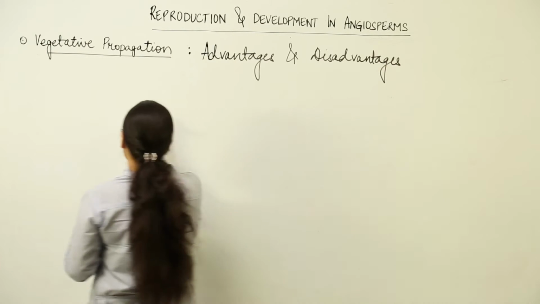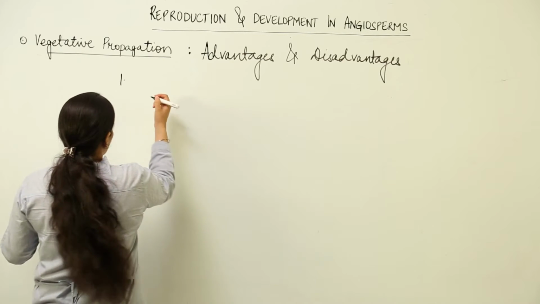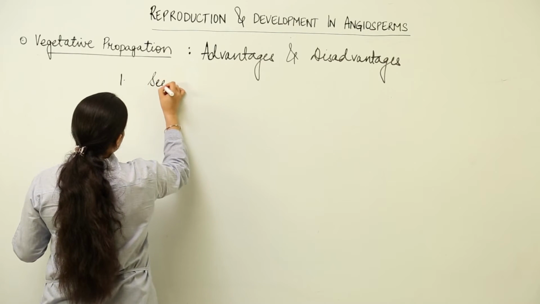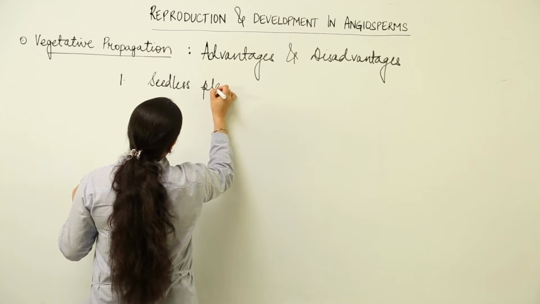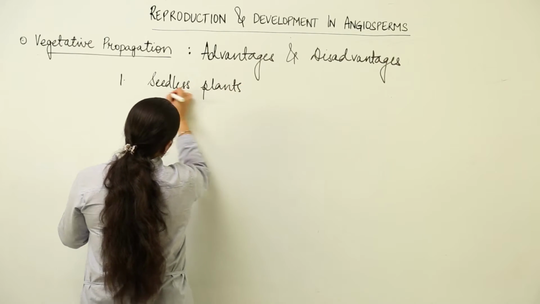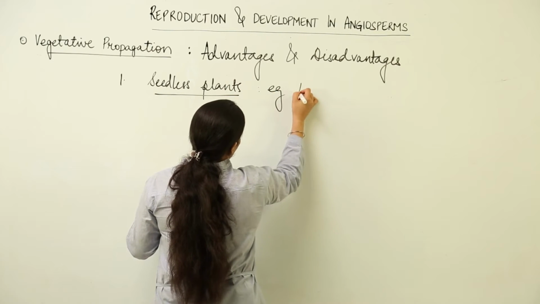Now, the first point of advantage that vegetative propagation has is that supposedly you have seedless plants. So, it would be easier for propagating or getting the offspring of seedless plants. For example, you have banana and pineapple.